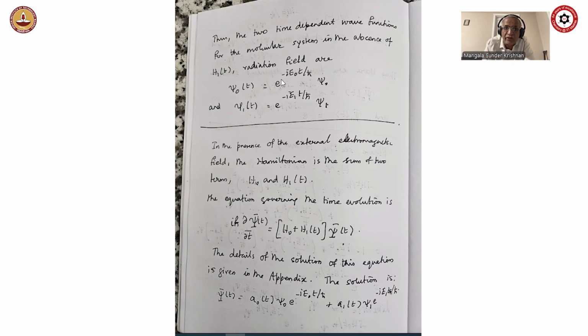You see that e to the minus i E1 t. Therefore, when you take the derivative of psi of t, you get many terms. And here, you will get H0 on psi of t. H0 on psi 0 will be E0, H0 on psi 1 will be E1. But then you don't know what H1 of t does. So now this is a complex differential equation that needs to be solved. I'm not going to solve that here. I'm going to give you the answer.